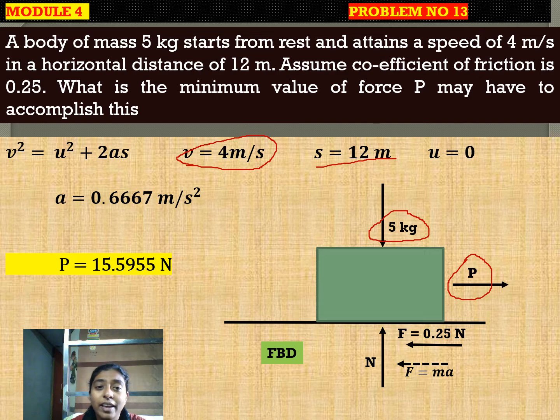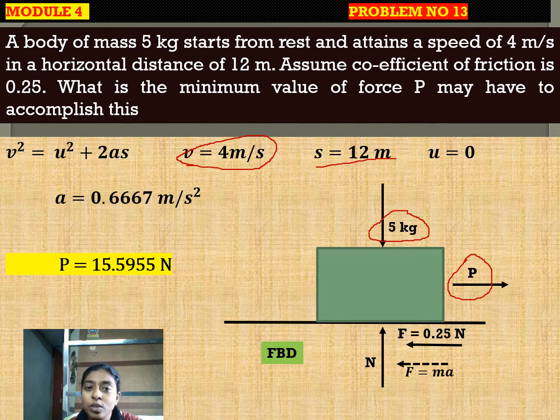First of all, our aim is to find A. What is A? It starts from rest and attains a speed of 4 meter per second. That is, u is equal to 0 and v is equal to 4 meter per second.